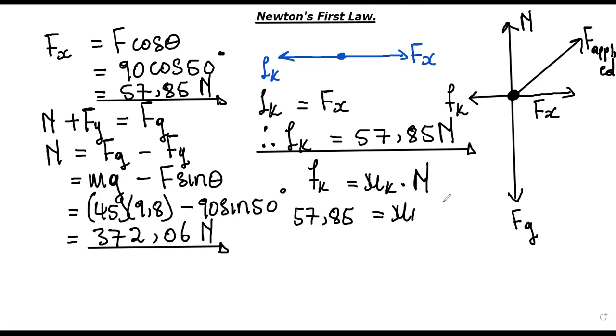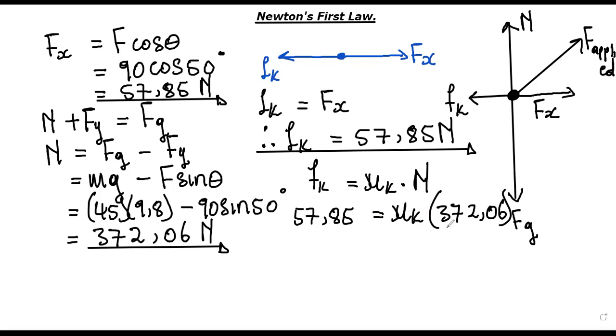We are looking for the coefficient of kinetic friction, but the normal force will be 372.06. Then in order for us to solve for the coefficient, we need to divide both sides by 372.06.